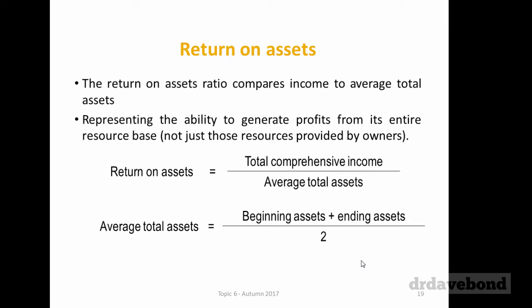Return on assets is 100 over 1,000, which gives us 10%. So our return on assets is 10% in this example.